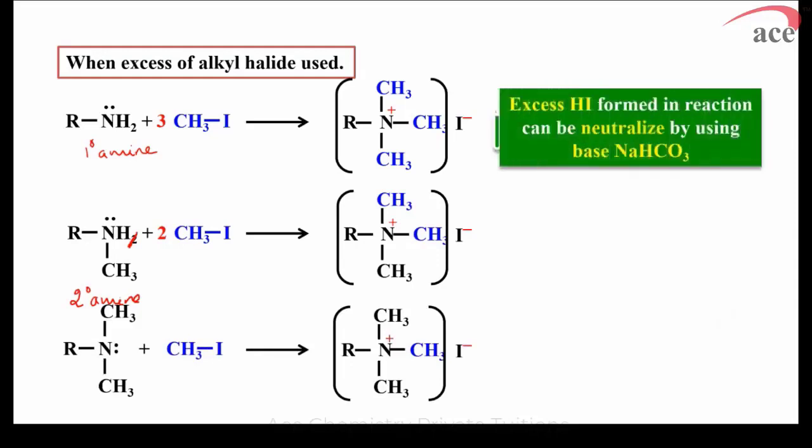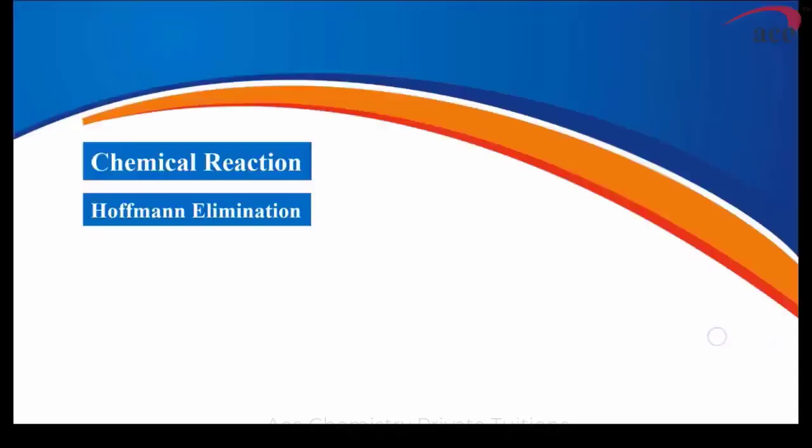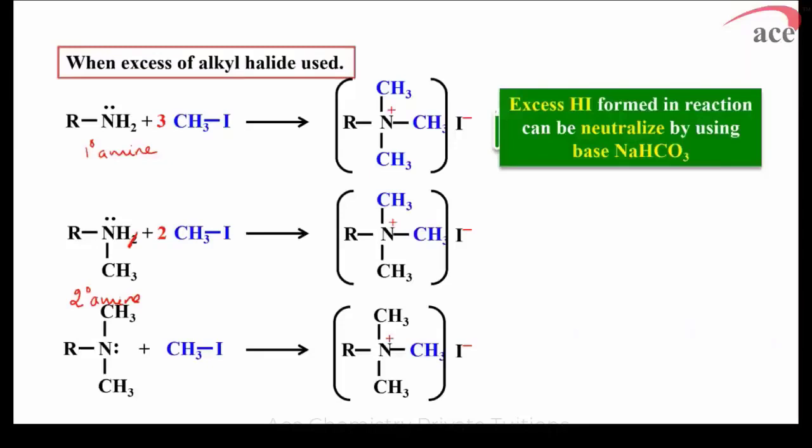The excess HI formed during this reaction can be neutralized by a base like NaHCO3, sodium bicarbonate. To summarize, primary, secondary and tertiary amines will consume 3 moles, 2 moles and 1 mole respectively to form quaternary ammonium salt, generalized as QAS.